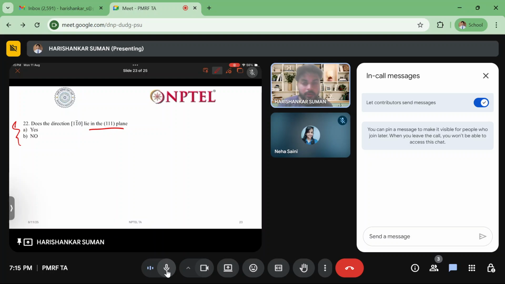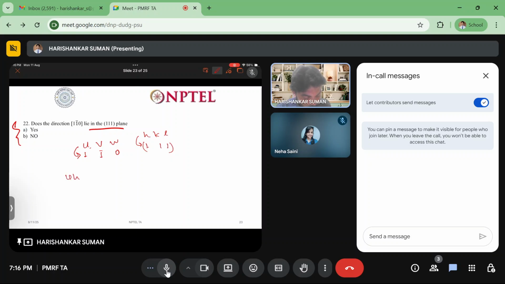So let's check the option. You have been given U, V, and W as 1, minus 1, 0. And HKL 1, 1, 1 are given.